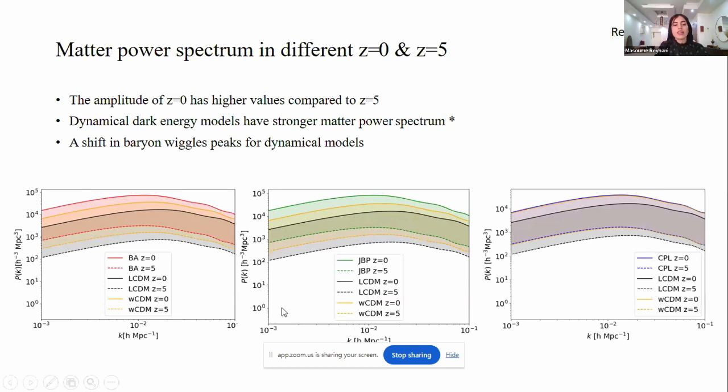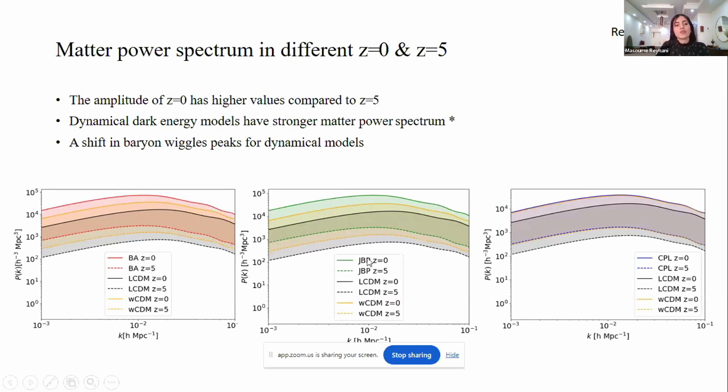As depicted here, regardless of the chosen models, by moving toward higher redshifts, we can see a decrease in the amplitude of all models. The dotted line depicts z equal to 5.